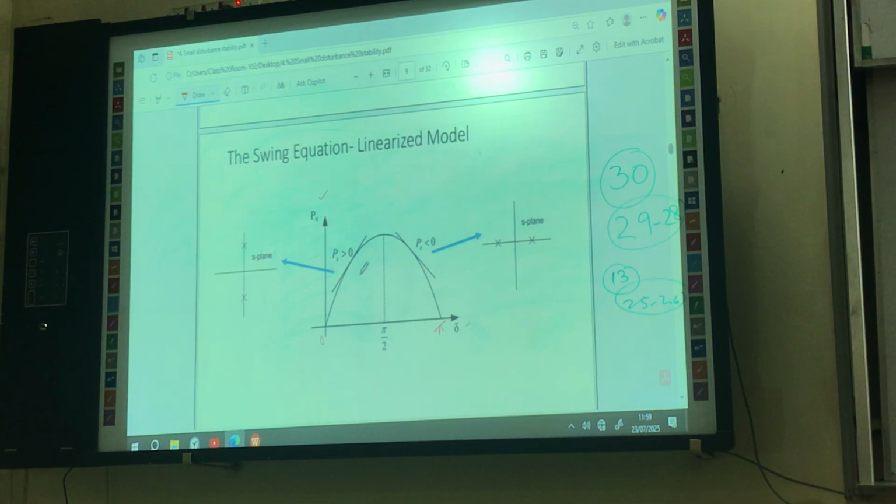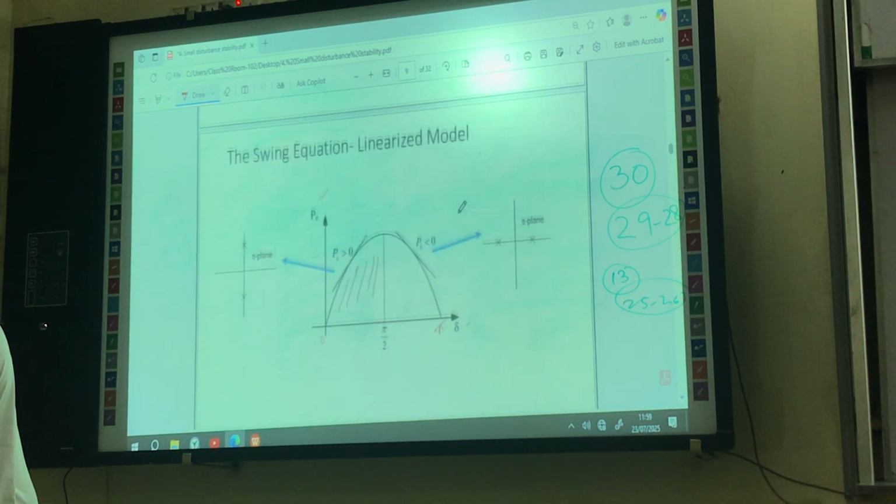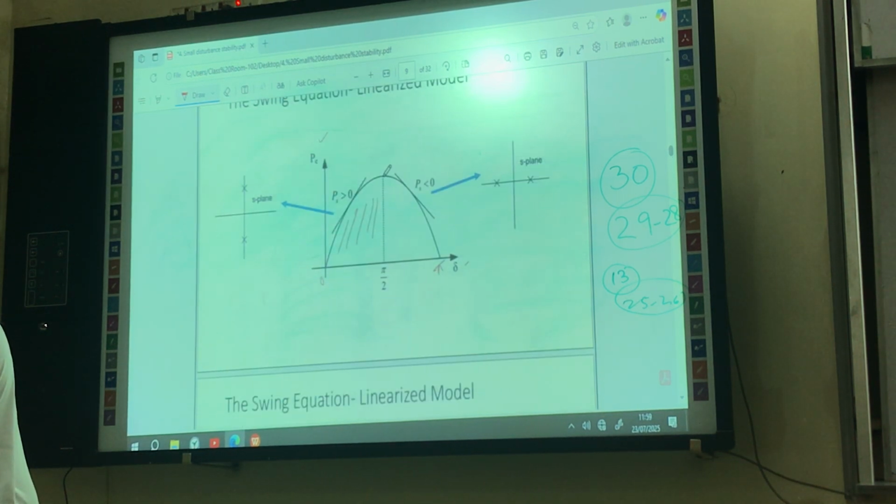This is our stable region, actually the marginally stable region. Whenever PS is greater than 0, it is marginally stable. But once we go beyond pi by 2, our slope will be negative, so PS is negative.